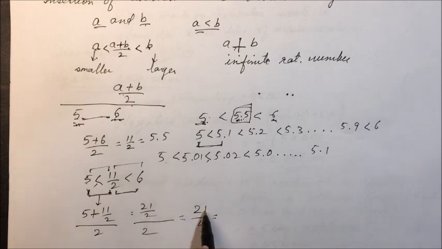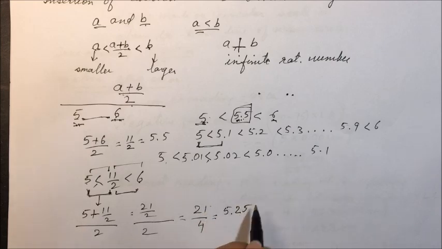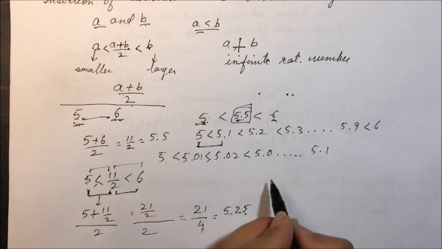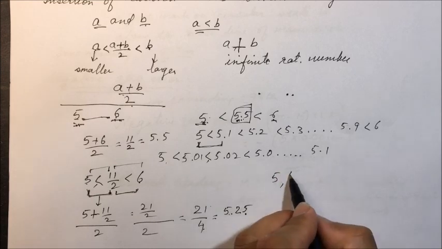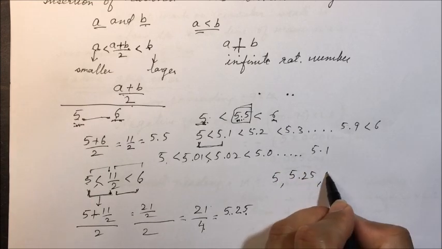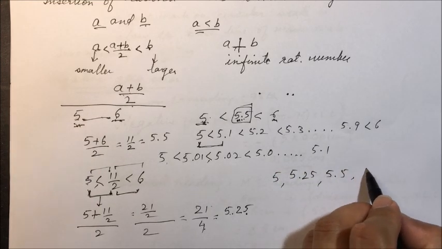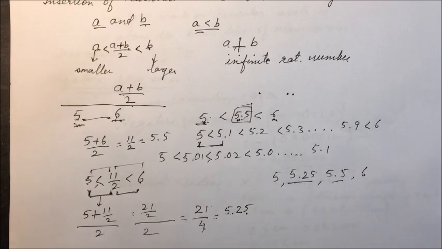If we convert into decimal, 21 divided by 4 is 5.25. So we have 5, 5.25, 5.5 and 6. We have inserted two rational numbers, or we can insert here as well.